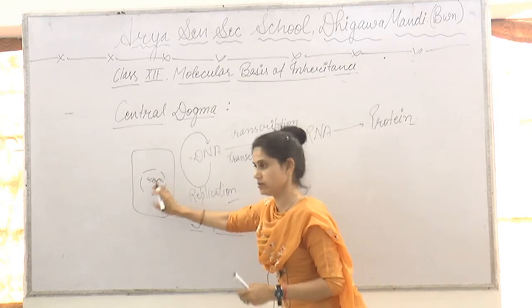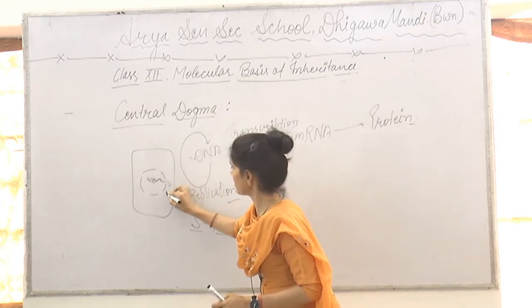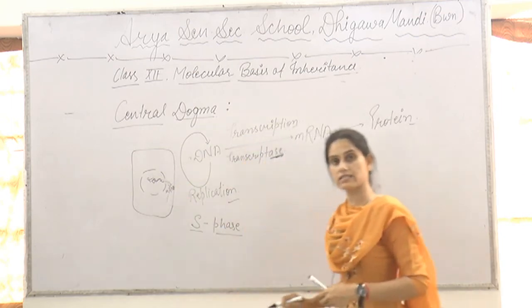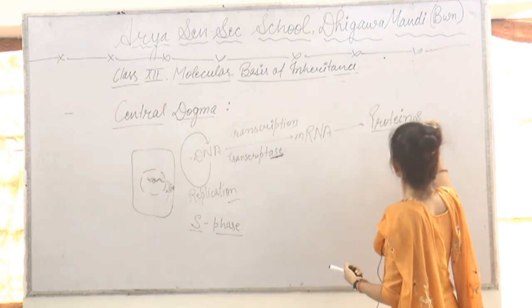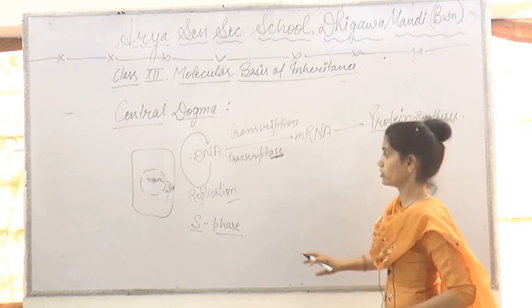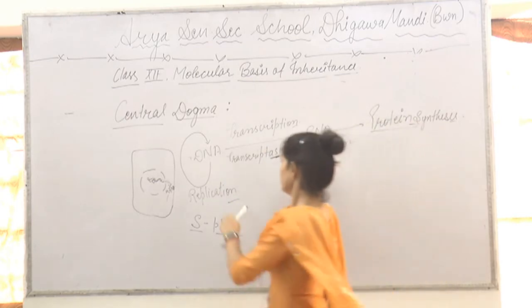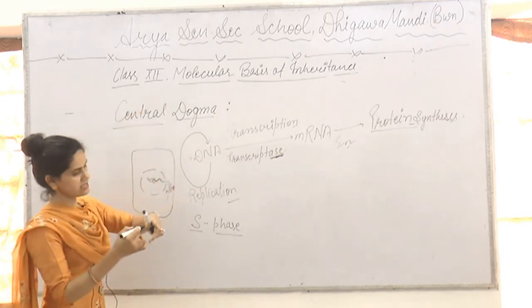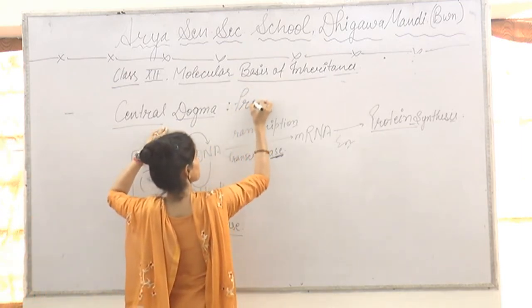Protein is not made in the nucleus; our mRNA comes out of the nucleus into the cytosol. Here the next steps of central dogma occur, and this is protein synthesis. Protein synthesis also happens with the help of some enzymes. This is the central dogma.